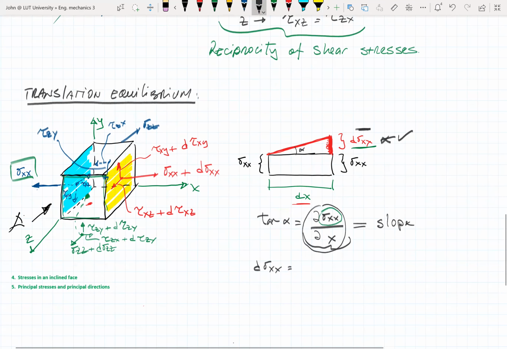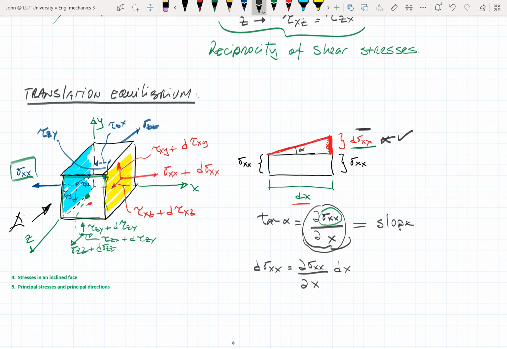Then this increment here is going to be equal to the slope: the partial derivative of sigma xx divided by the partial derivative of x, times dx.